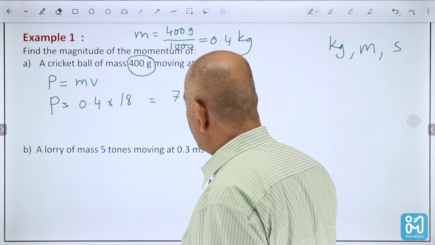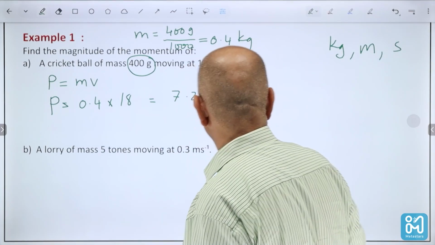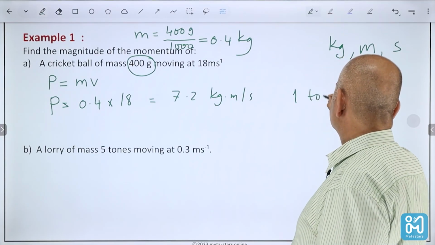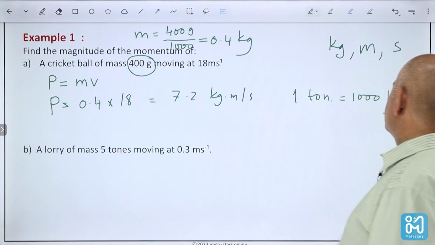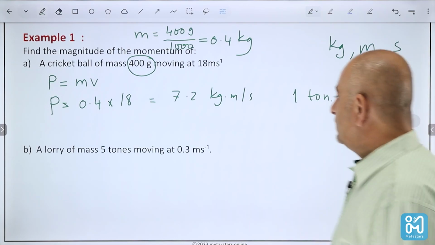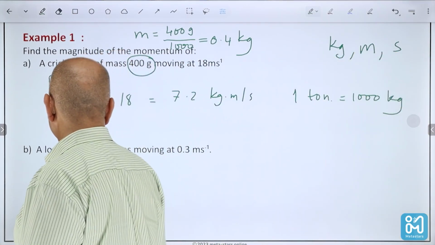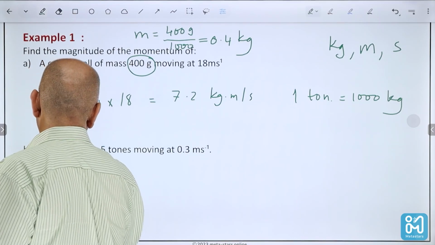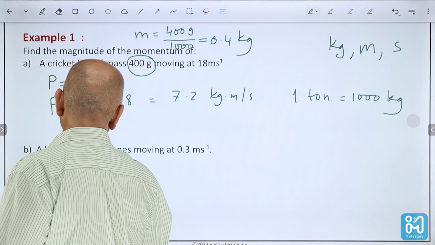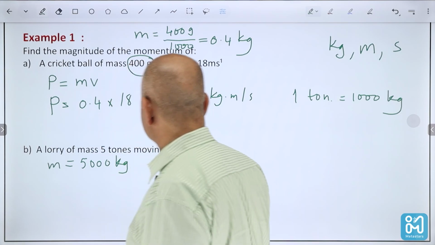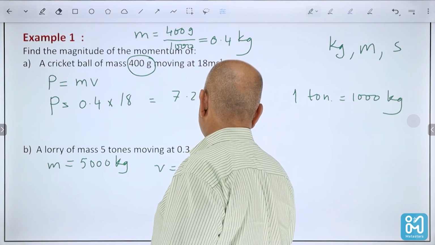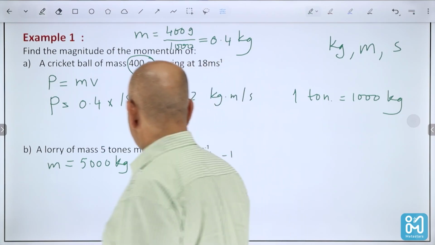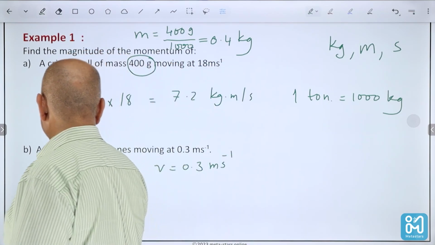All right, a lorry of mass 5 tons. Remember that 1 ton equals 1,000 kilograms, so I have to change that to kilograms. The lorry has a mass of 5,000 kilograms and is moving at a speed of 0.3 meter per second. Find the momentum of the lorry.